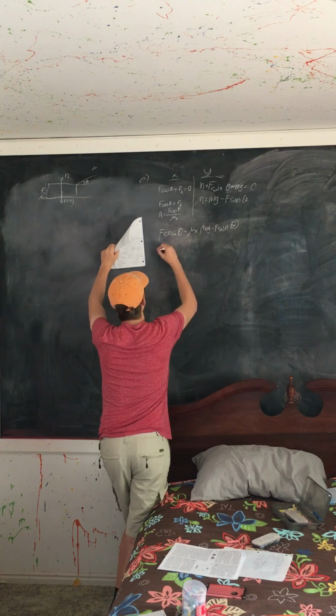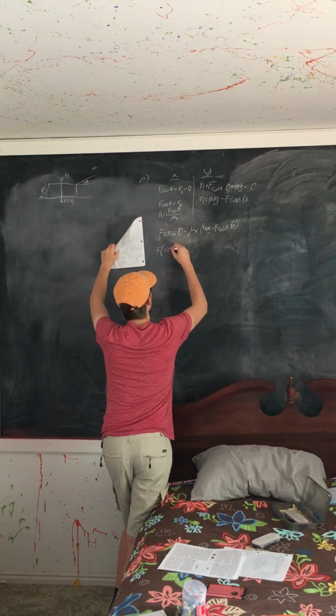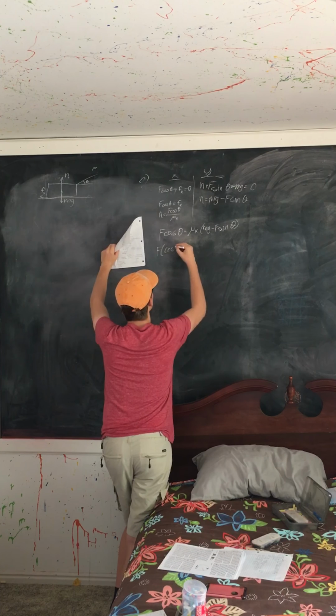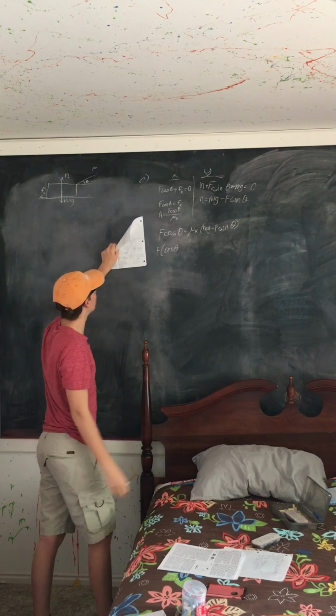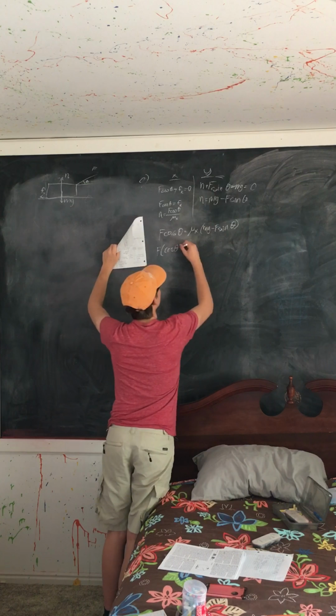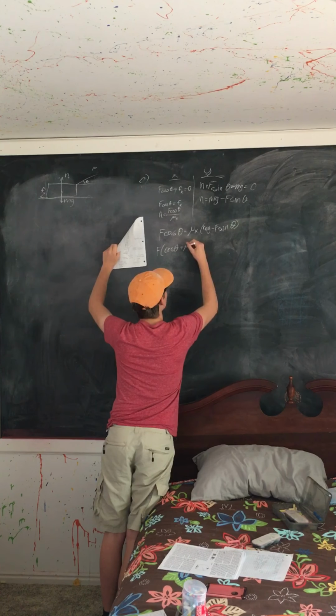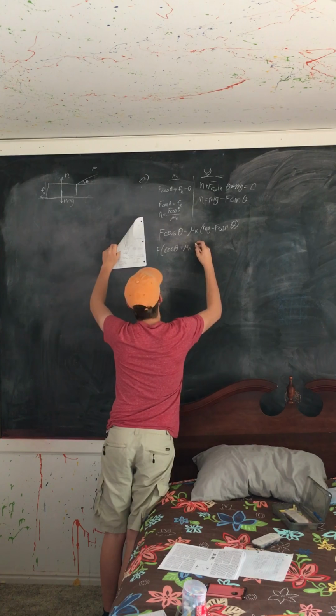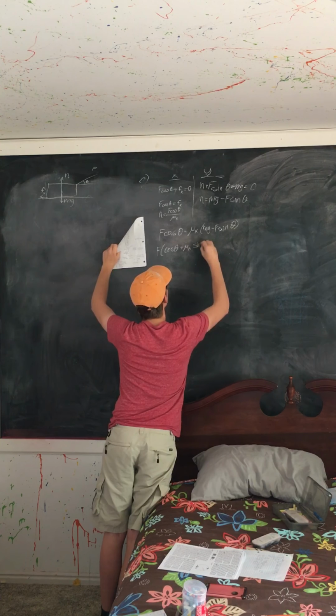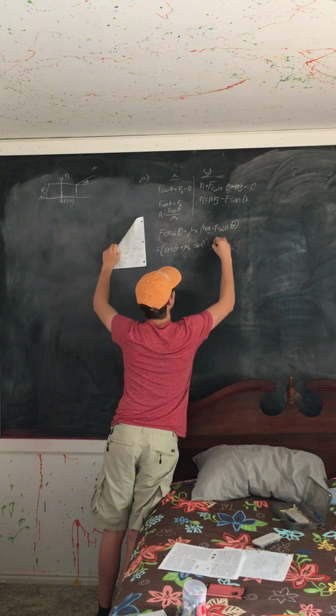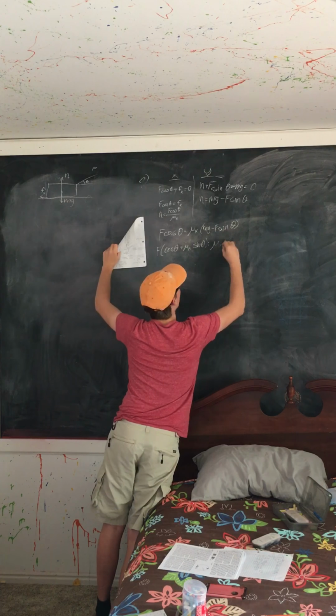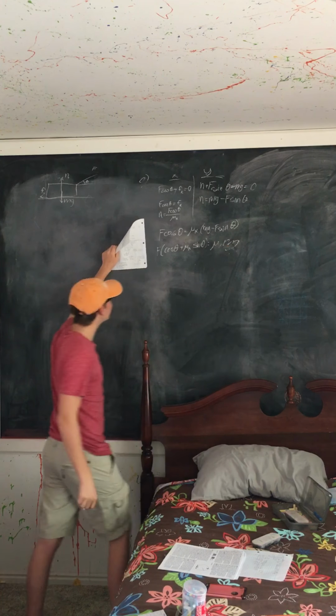We can say force times cosine theta plus mu_k sine theta is equal to mu_k times mass times gravity.